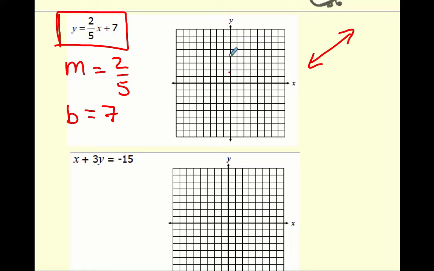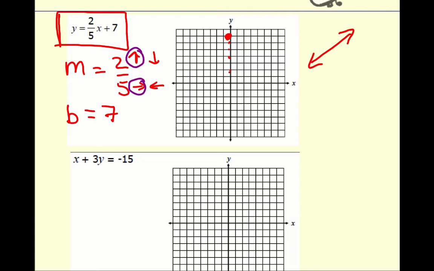So we go 2, 4, 6, 7. We put a point that represents our y-intercept. Then we do rise and run. Remember, rise is you going up or down, and run is you going to the right or to the left. Well, in this case, we're going in 2 positive directions. Up is positive and right is positive. But remember, positive slope also comes from being negative.